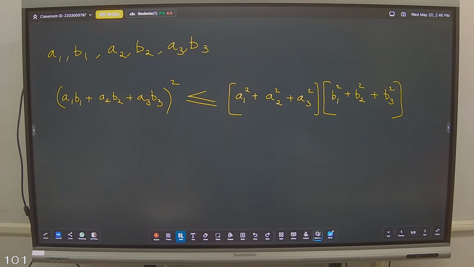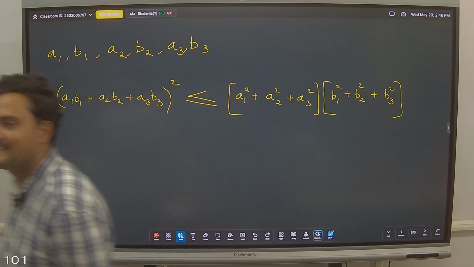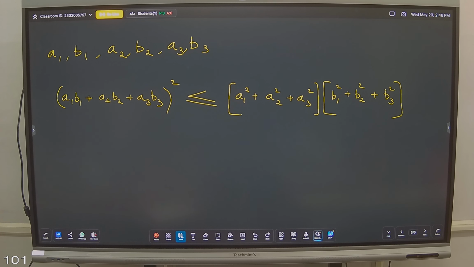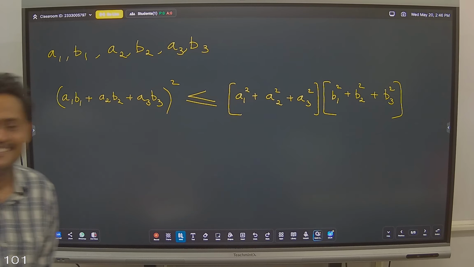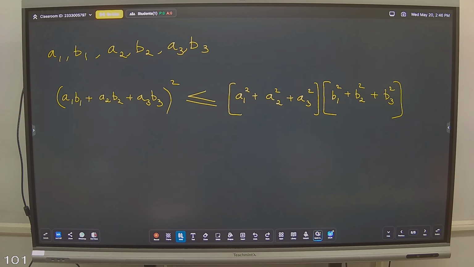How do you prove this? Common sense. Give me a mathematical way to prove it. Sir, expand the LHS, then you will find out for yourself. Remember that there is this square here.